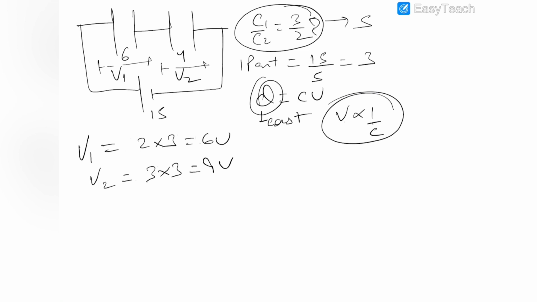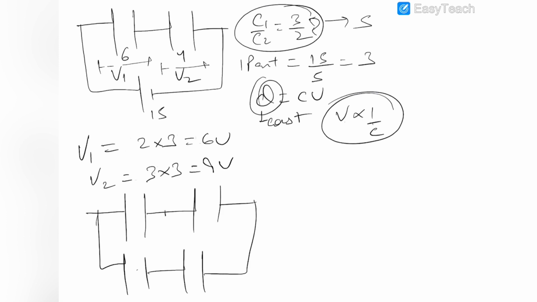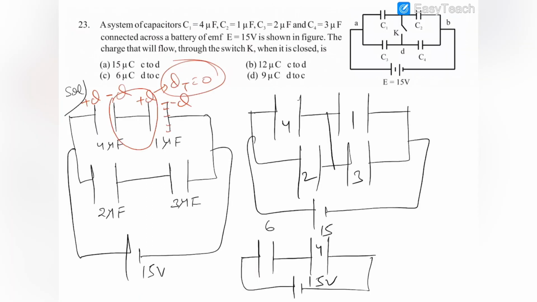So we can again redraw the diagram. And we can say that this was the diagram. And here we are connecting a battery. Okay. Now we can say that this was 4, 1, 2, 3.